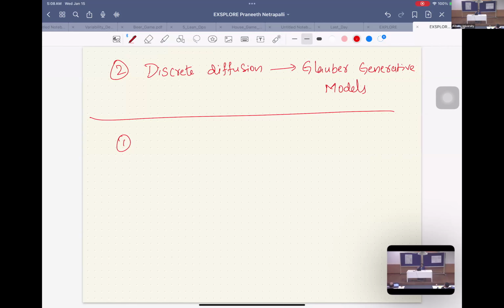If I tell you what p of x is or grad log p of x for a given x, but do not give you samples, I don't know how to do any of these approaches. I feel that's an important open problem that I don't know how to solve yet.